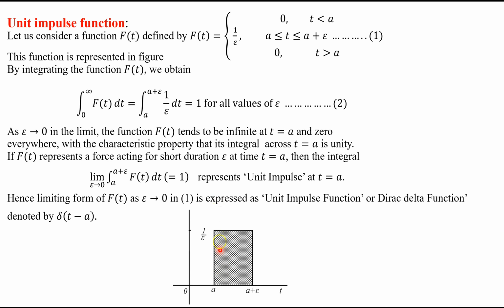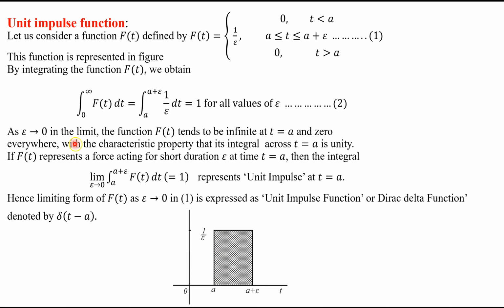So 1 by epsilon indicates a large amount of force when epsilon tends to 0, that means when the time becomes very short.